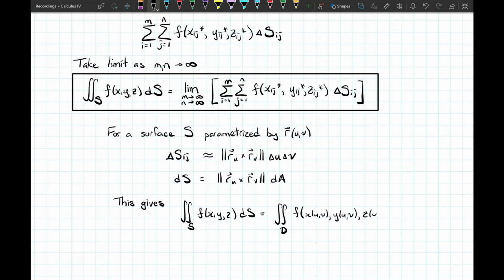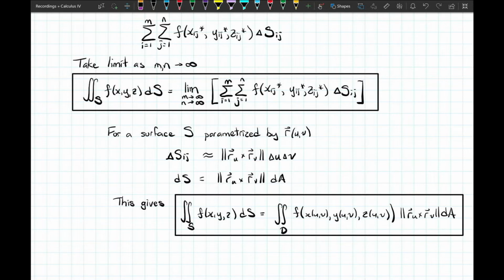Z will be a function of u and v. So that's going to take our scalar function in terms of x, y, and z and turn it into a scalar function in terms of u and v. And then to turn this from a surface integral into a double integral, we just have to remember that dS can be replaced with the cross product magnitude dA. And there we are. We are able to now calculate the surface integral of a scalar function.